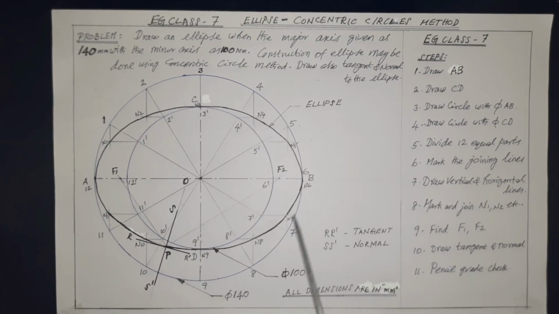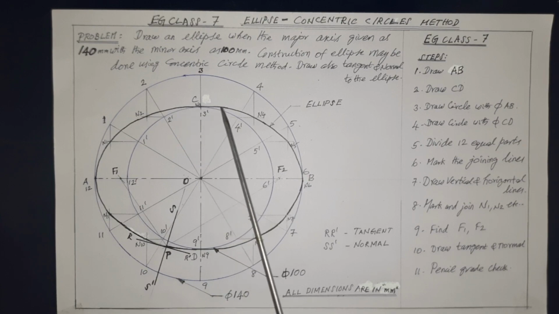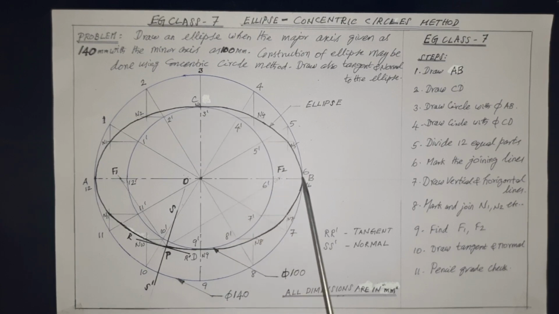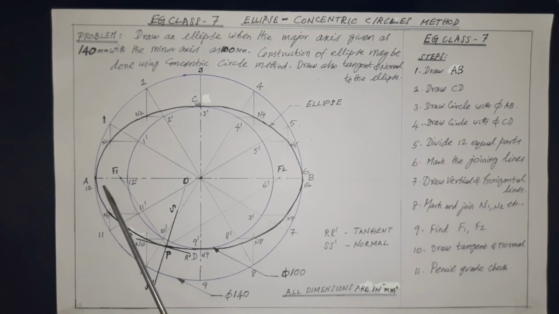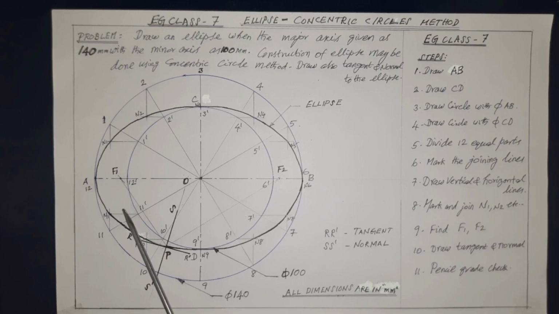We have to join all these points either using set square, French curve or by freehand, so that we can get the ellipse as shown. As I already told, the smoothness and neatness of the drawn ellipse is very important to get a good appearance.